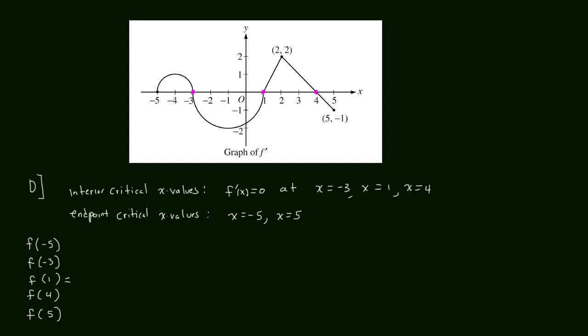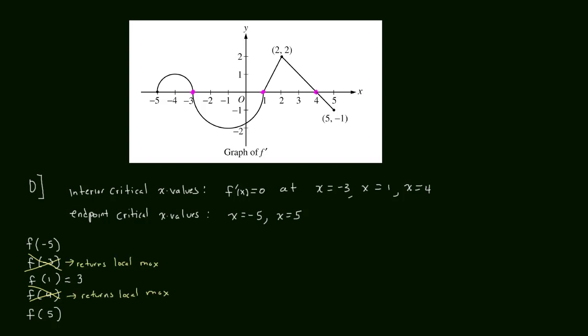In this case, f of 1 is equal to 3, and I know that because it is given in the problem. And I also know that f of -3 will return a relative maximum because we found that in part A. In the same manner, f of 4 will return a relative maximum.